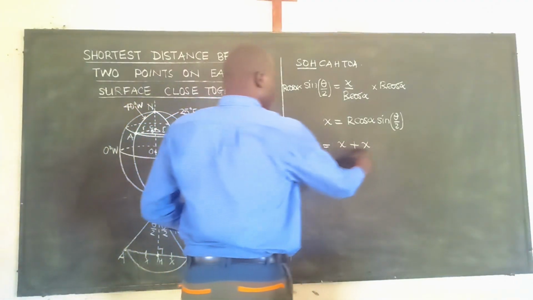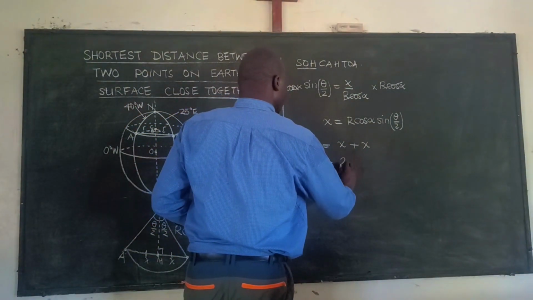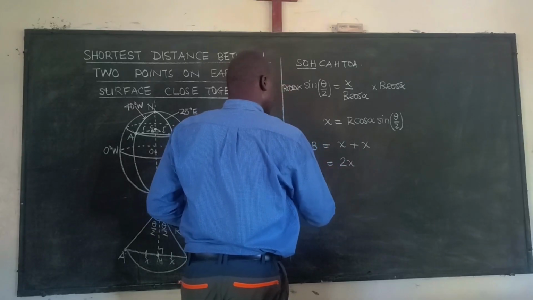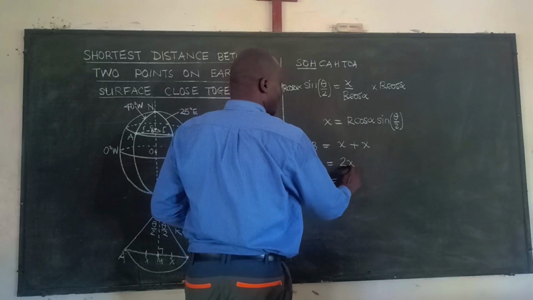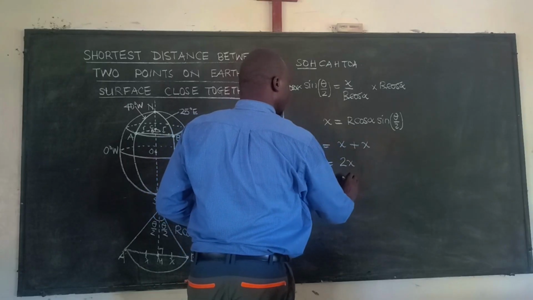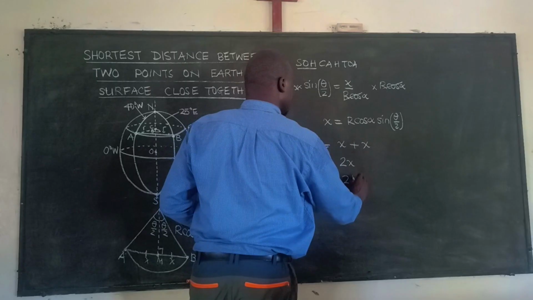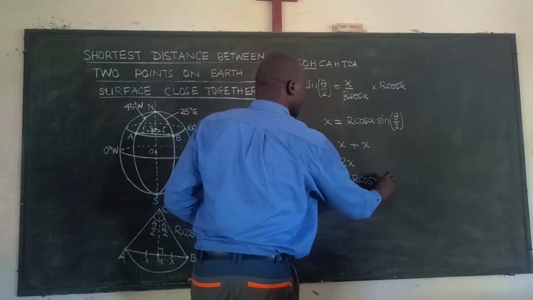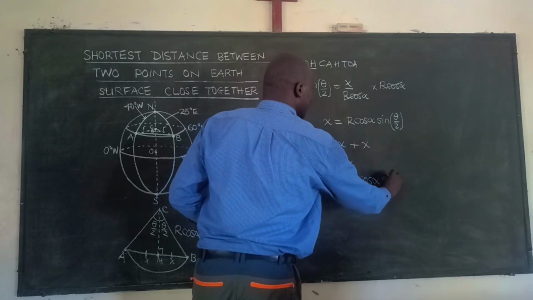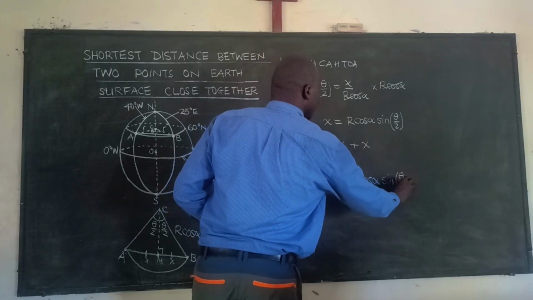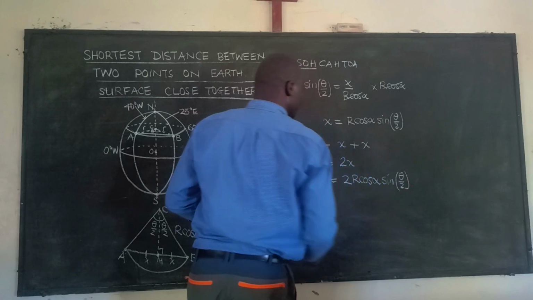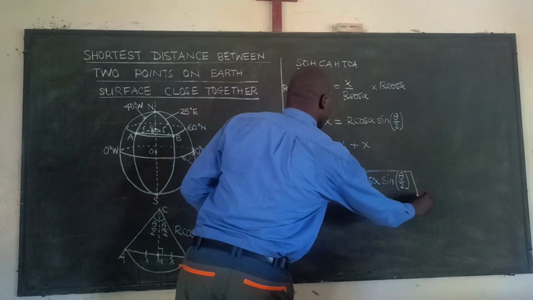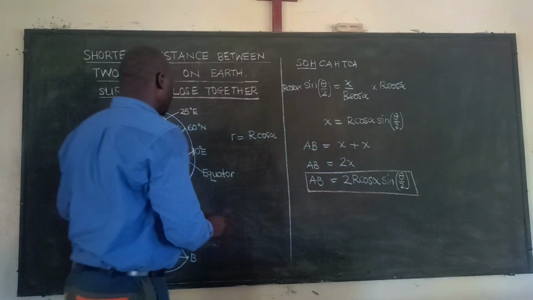So if we sum these two x together, we obtain of course 2x as our AB. But again we know that our x is this. So we can substitute x with r cosine of alpha times sine of theta divided by 2. And this was the formula we quoted last time. It is derived just like this in this geometry.